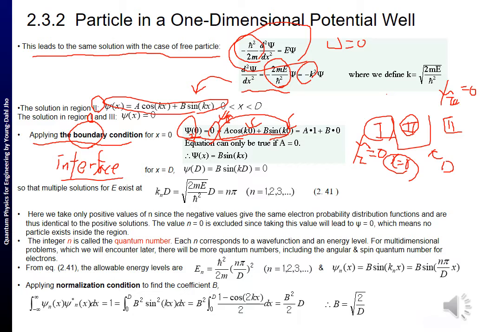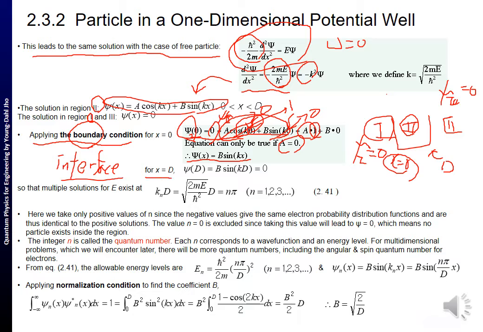We found sine kx should be 0, cosine kx with x equal to 0 should be 1. So 0 equals a, so a should be 0. It means this part is now removed, so the wave function psi x is equal to b sine kx.